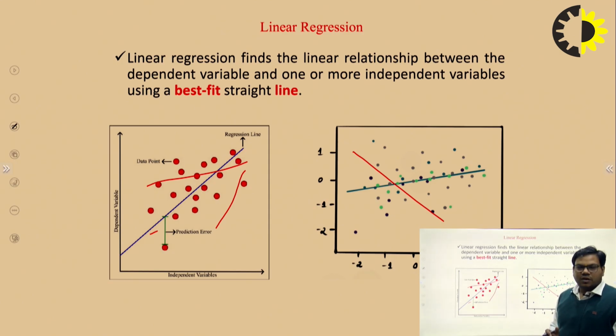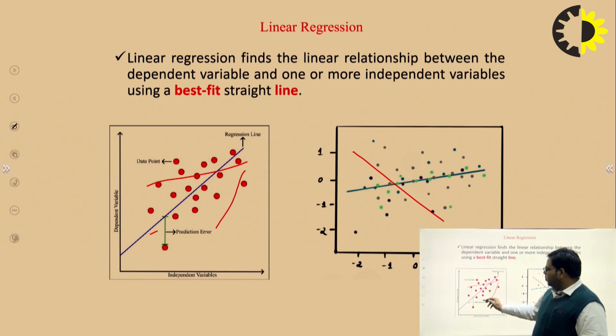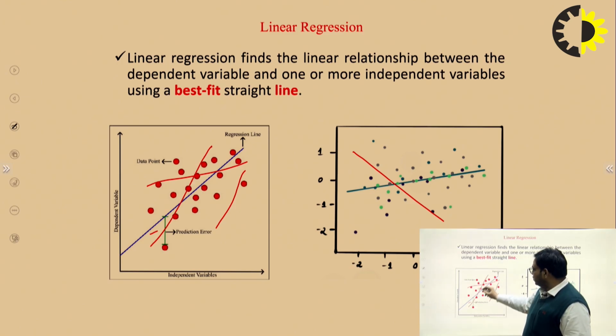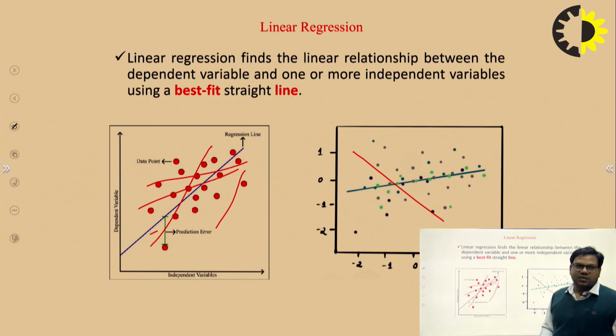In a single scenario, we can also have multiple lines. Suppose there are some data points available with me. Whenever I have a data set with multiple rows, each row can represent a data point. So each data point can be plotted in some dimensional space, right?